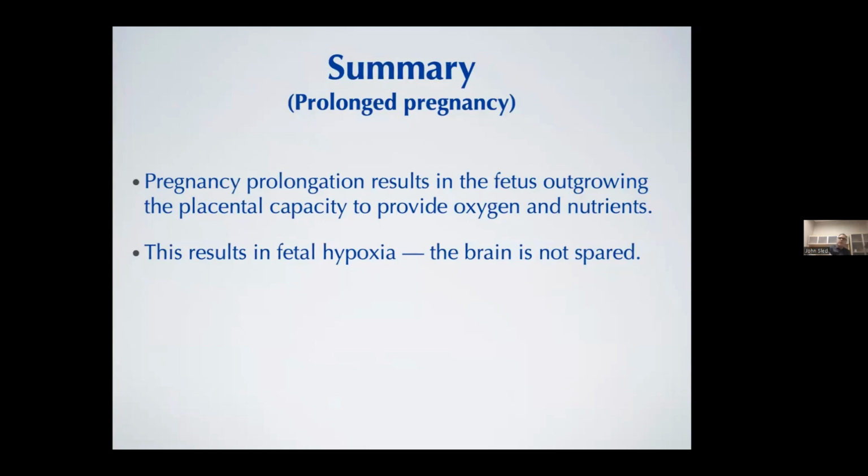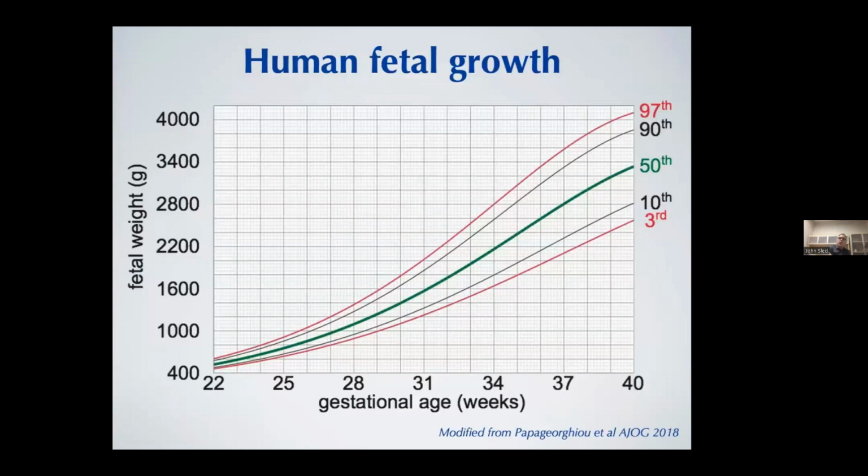So I'm just going to transition to, actually, I have one other slide on this topic. Kind of projecting this to humans, humans like mice have this exponential increase in their fetal weight as they progress through gestation. If you squint at this data, though, there is a bit of an inflection in the curve just at the end.